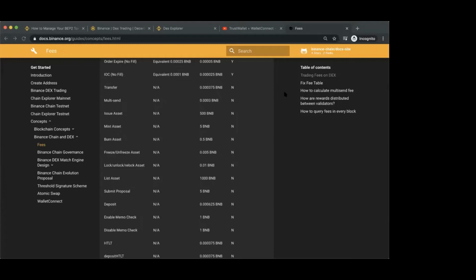Since it's advertised as EVM compatible, I'm sure you can easily migrate your dApps from Ethereum to Binance Chain. And Smart Chain will be available this year, correct?